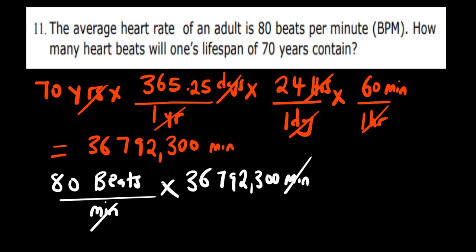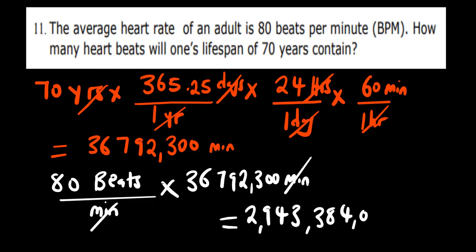So what are we going to get? On my end, this is a big number, so I'm going to say it's 2,943,384,000 beats. Okay, how many zeros? 1, 2, 3.